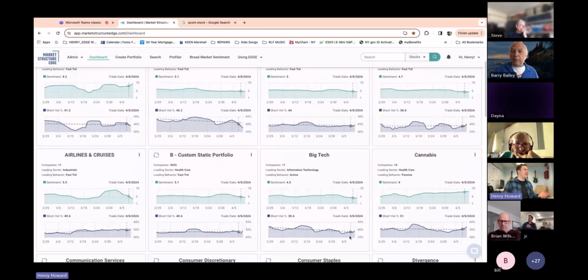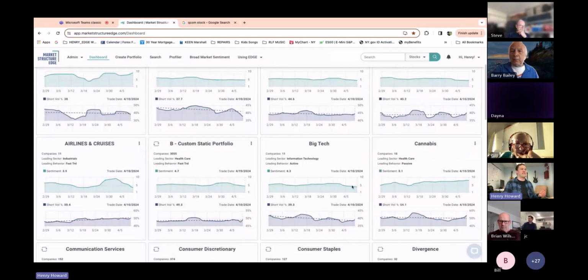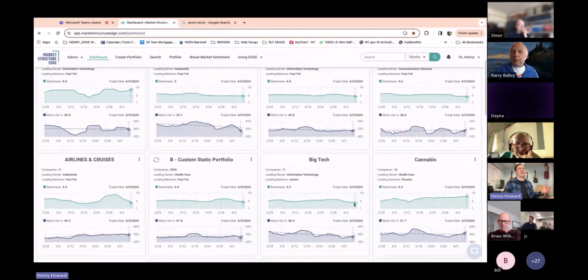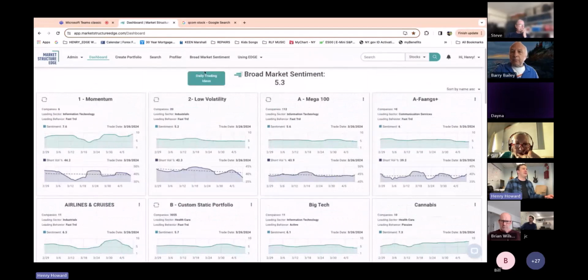This flattening of demand in big tech gives me a little more confidence that maybe we'll have a rebound, and some of these data releases don't need to be as concerning as people have made them out to be.